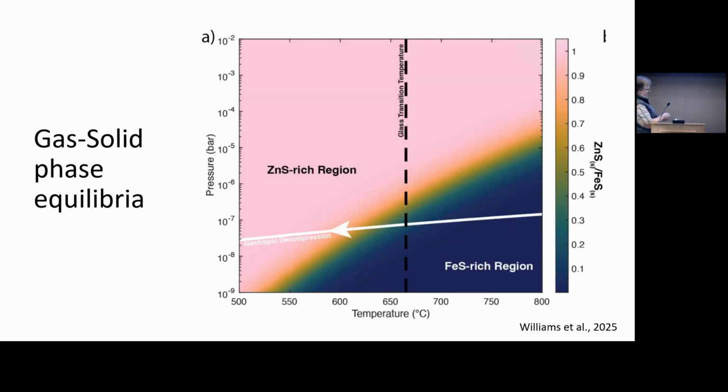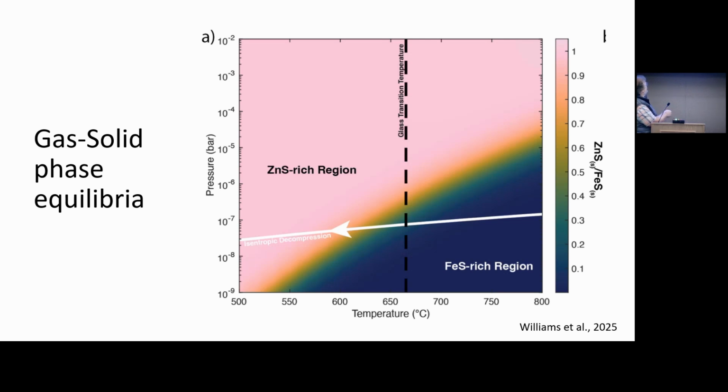What can we do with this information? Well, Tom did some great thermodynamic modeling, temperature versus pressure, gas pressure in the cloud. This is the path of a bead, an isentropic path. This is the glass transition. And the models are showing here that iron sulfide is stable at high temperatures, and zinc sulfide becomes stable as it cools.